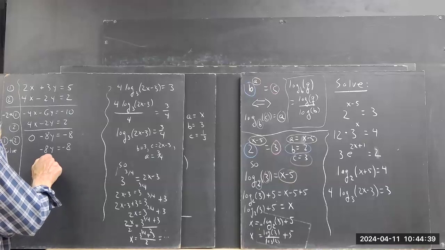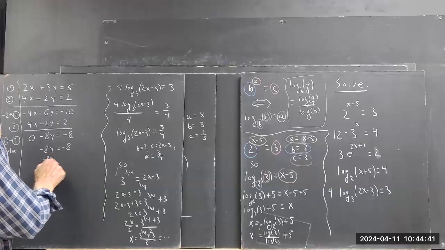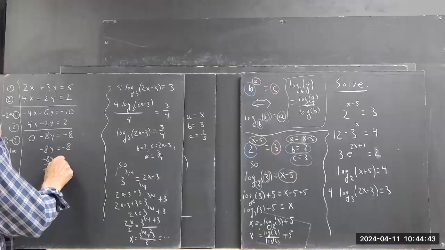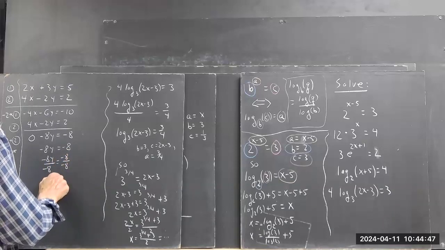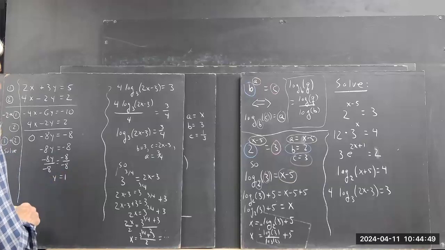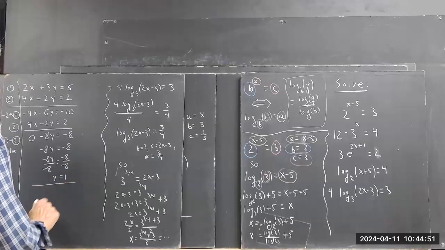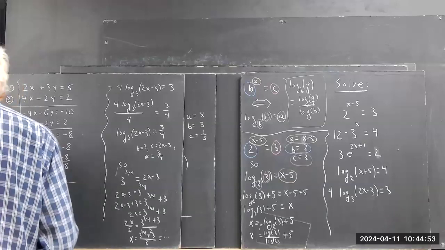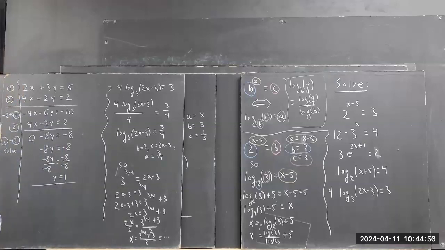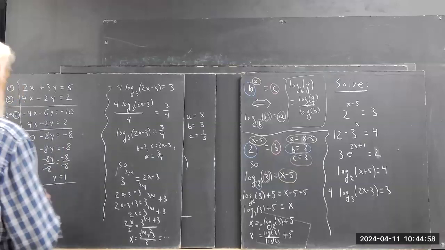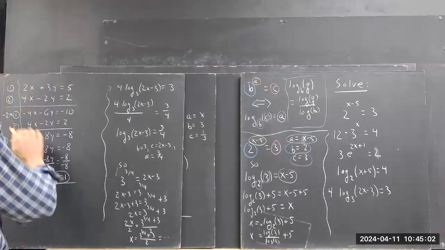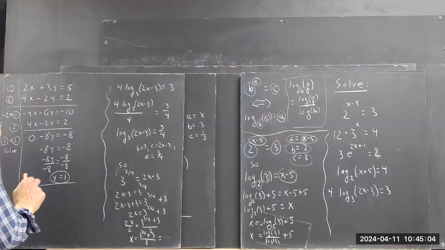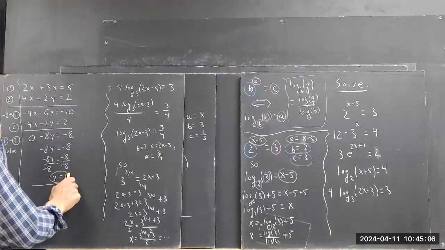I get -8y over -8 equals -8 over -8, which gives me y equals 1. Now that I have y equals 1, I plug it into either the first or second original equation.